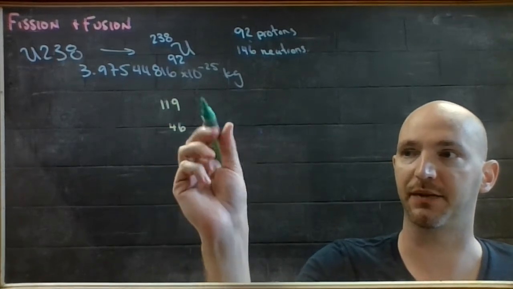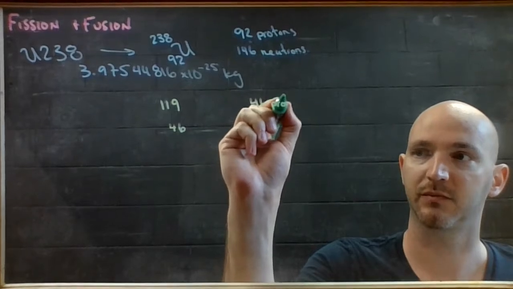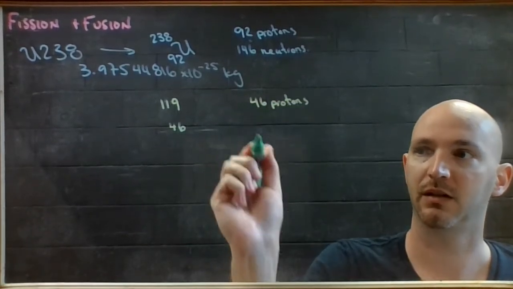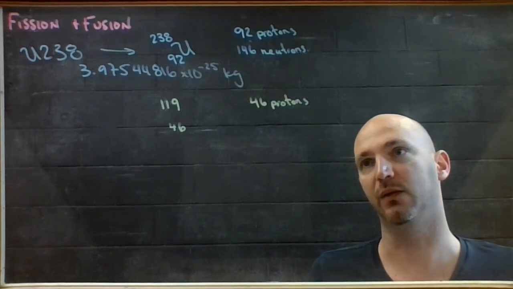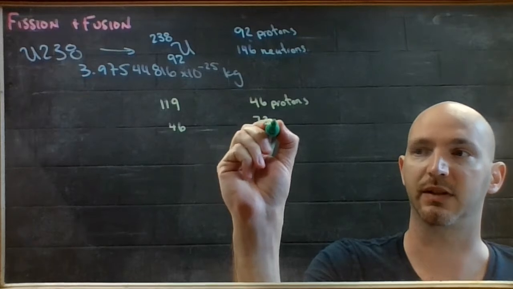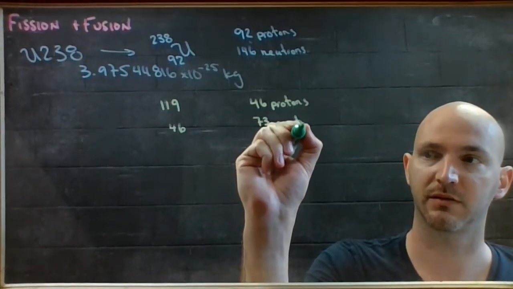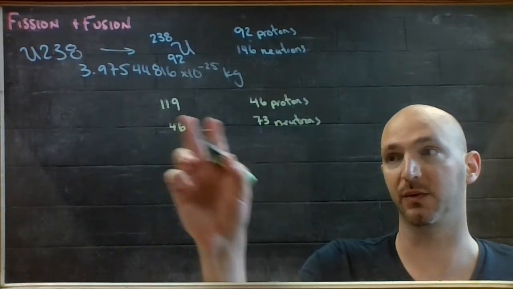So I've got a thing here that has 46 protons, and half of 146 would be 73. 73 neutrons. 46 and 73 adds up to 119.